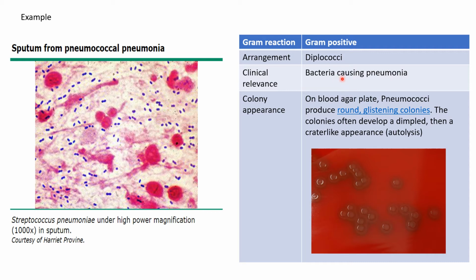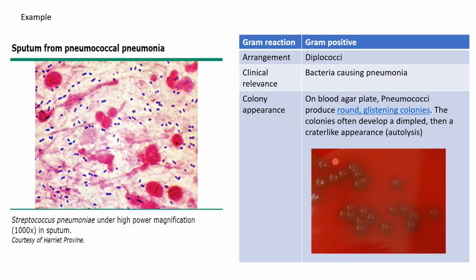It could also be associated with ear infection. Of course, when it goes to the blood, it can also cause sepsis. And take note, this is sputum, and you can get sputum and check if Streptococcus pneumoniae is present in the sputum by gram staining.